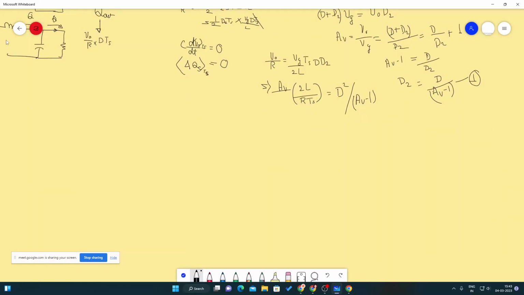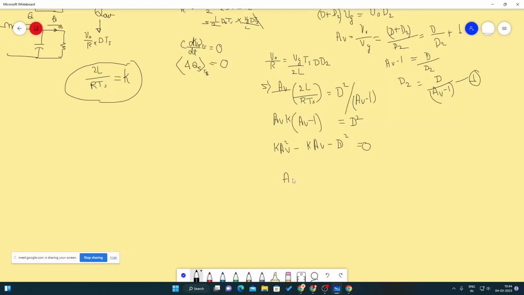So this term, let us consider 2L by R Ts, we will refer to it as some constant known as K. K is dependent on the inductor's value, the resistance R, and the switching frequency. So I can write AV into K times AV minus 1 equals D square. So K AV square minus K AV minus D square equals 0.